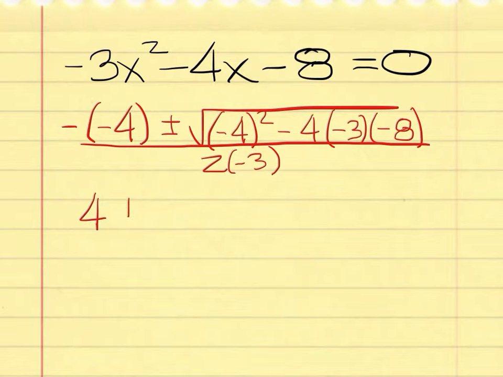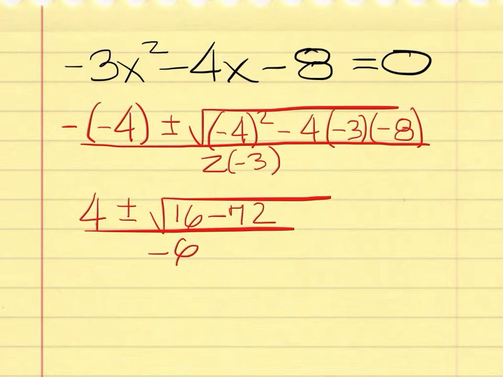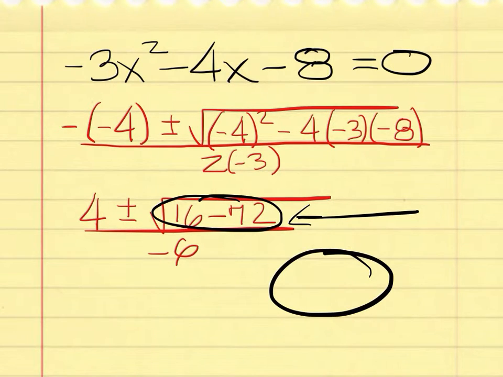That's going to be 4 plus or minus the square root of 16 minus 72 over negative 6. This part is going to give you a negative number. That part is the discriminant. Therefore, if it's less than 0, you have no solutions. And the answer would be written like this, abbreviated.